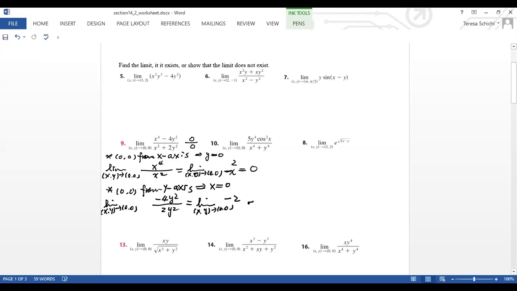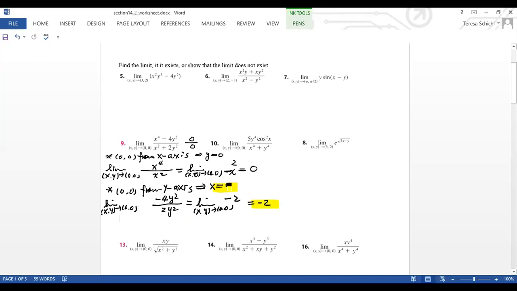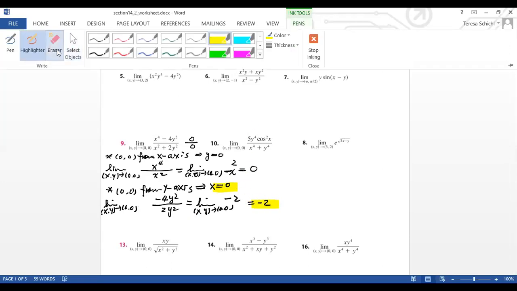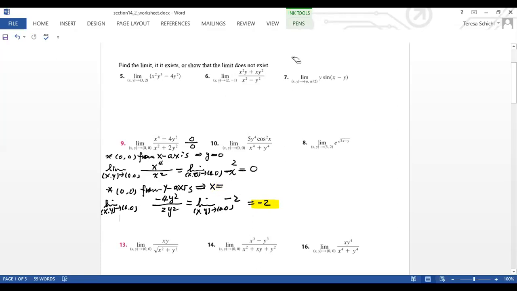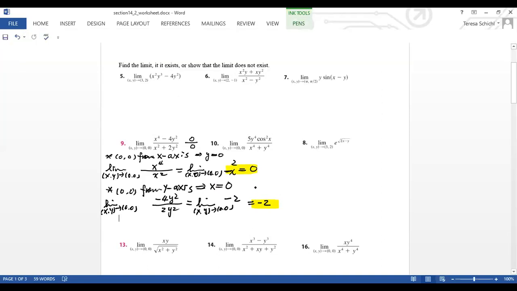So along one path the limit is 0, and along another path the limit is negative 2. As long as we find two paths with different values, the limit does not exist.